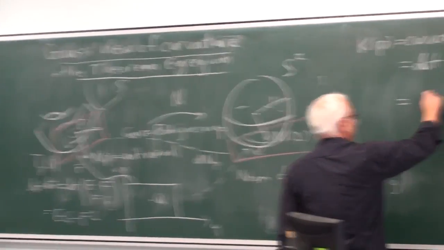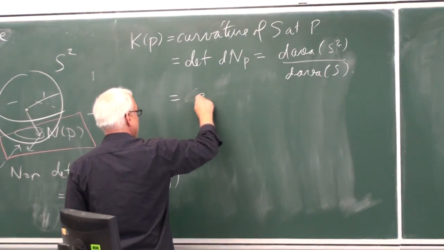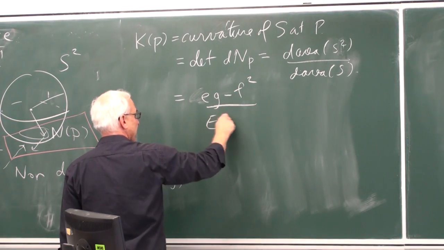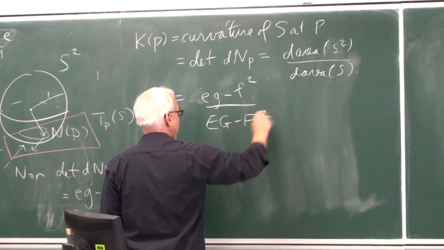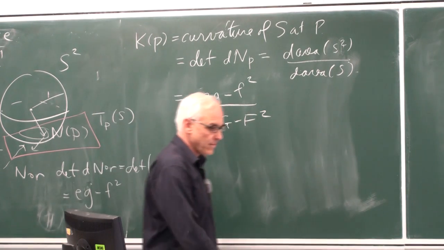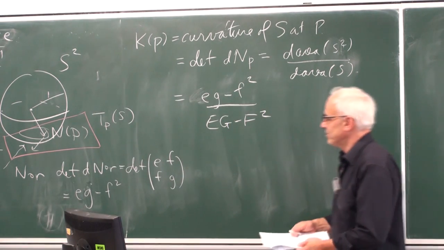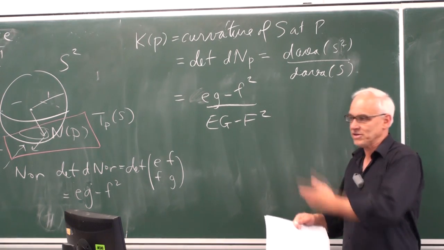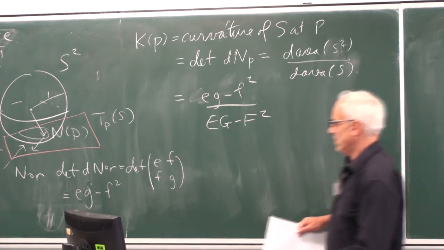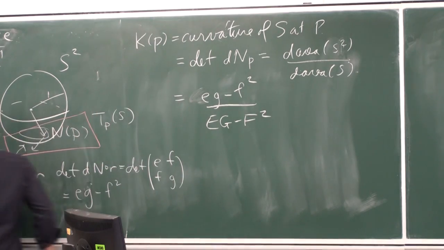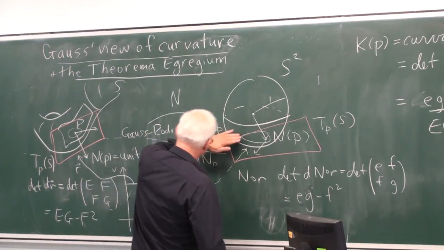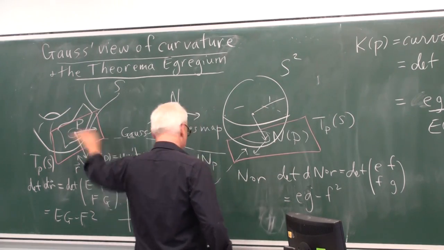So we can write this as eg minus f squared over capital E G minus F squared. Basically, the fact is that when you compose linear transformations, the determinants multiply. So this determinant times this determinant is going to be this determinant. And so that means that this determinant is going to be the ratio of this determinant divided by this determinant.